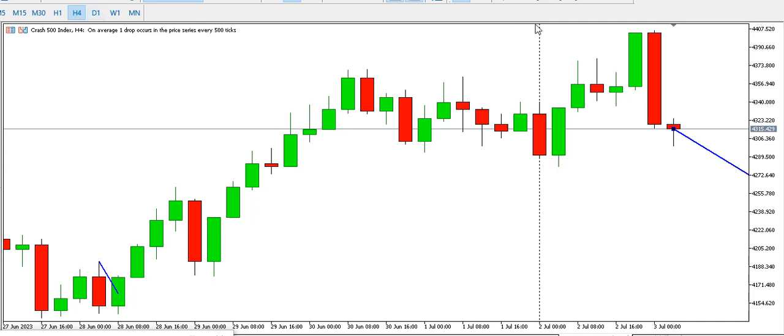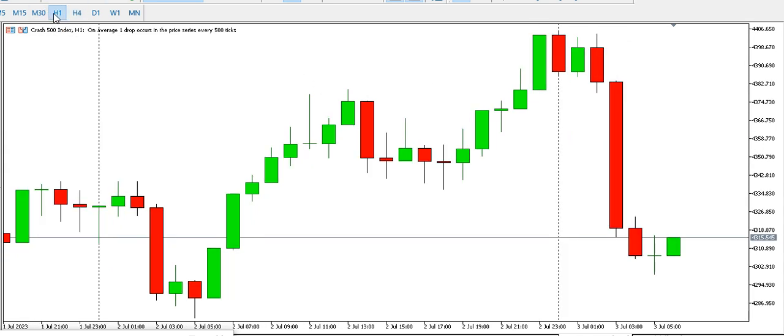On the 4-hour time frame, we can see a bearish engulfing candlestick. This normally appears at the top of a bullish trend. This is a bullish trend, and we have this, so this implies that price is likely going to drop. So you might want to look for selling opportunities for Crash 500 Index on the 4-hour time frame.